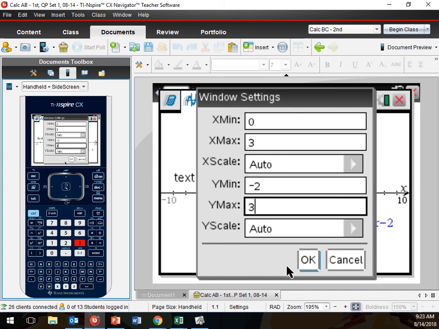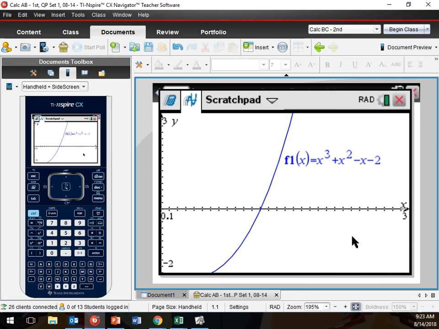Okay, so I changed it. It's somewhere in here, right? Hey, look, there it is. So I know that it's going to be somewhere in between there. So we can go through and actually start figuring it out.